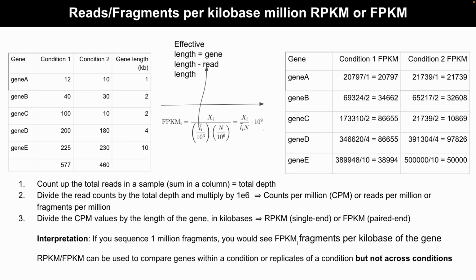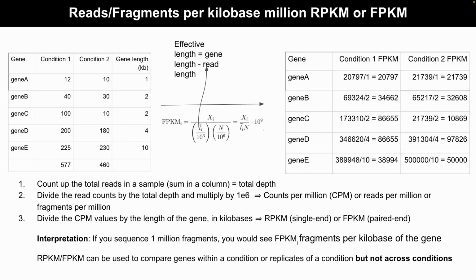Is that interpretation clear? So you're essentially saying that if I sequence everything to be 1 million, after having accounted for the gene length, or assuming all gene lengths are the same, I would get 20,000 fragments from gene A and 34,000 from gene B and so on.